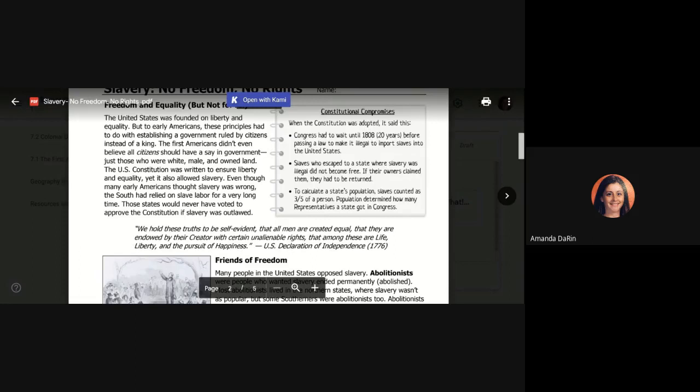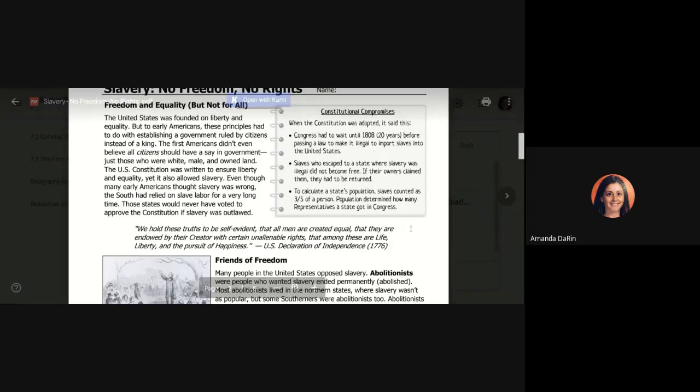Under this new Fugitive Slave Act, they would have to be returned. And if someone helped the slave or hid the slave or didn't return the slave, that person would be faced with consequences. It might be a fine. It might be they were put in jail.